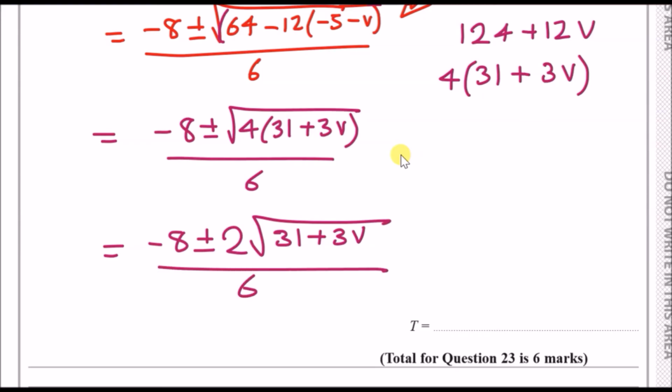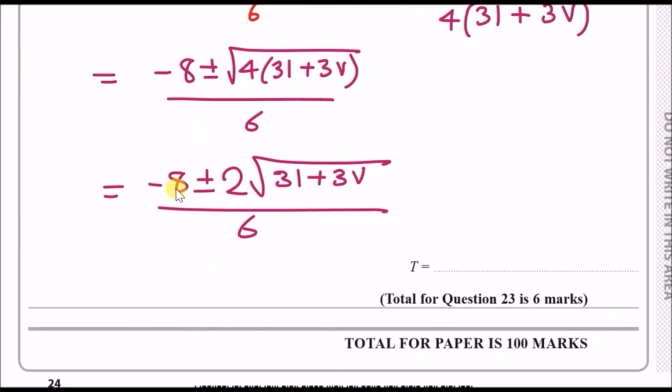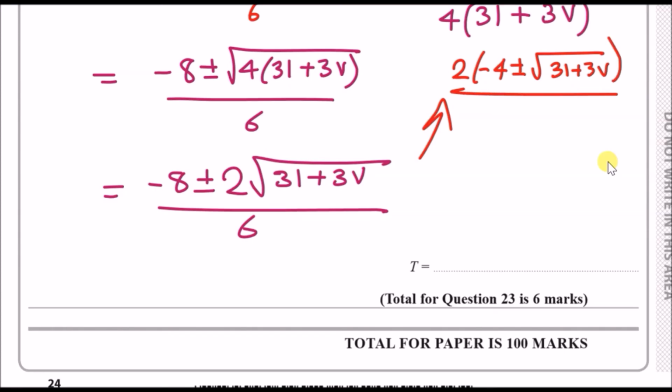over 6. And finally, guys, on the top line, we can actually factorize the 2. So it'll be something like this. Take 2 out, and you got minus 4 plus minus, and that becomes 1. So it'll be the square root of 31 plus 3v all over 6. And actually, if you cancel the 2 and the 6, 2 and 6 breaks down to 1 and 3.